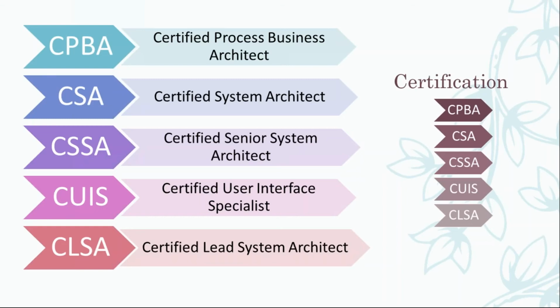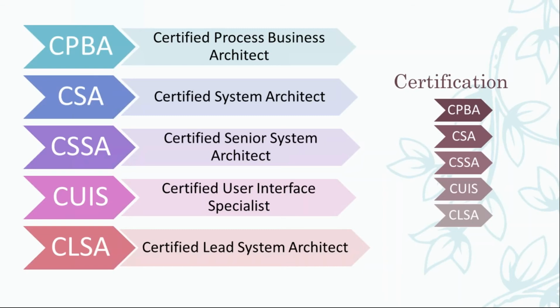Both CPBA and CSA are available in two versions, Pega 7.1 and Pega 7.2 now. 7.1 is going to be retired this year, by 31st December, for CPBA and CSA. After that it will be only 7.2.